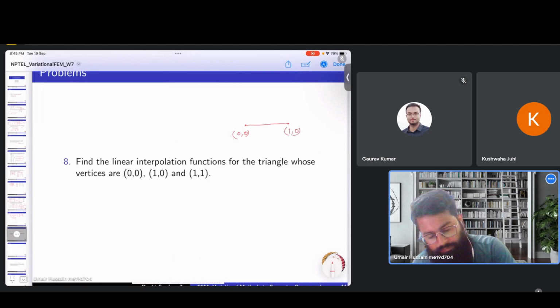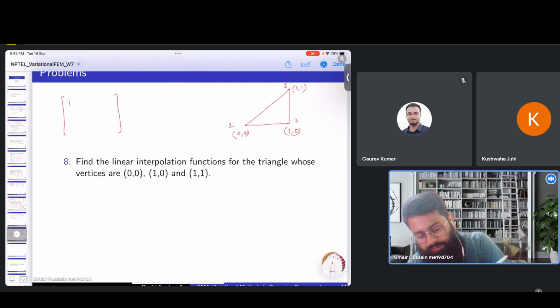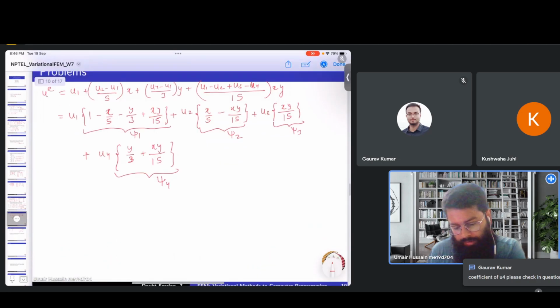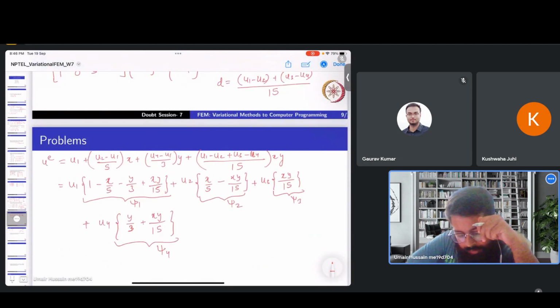Okay, so U4 is y by 3 minus xy by 15. That's right.